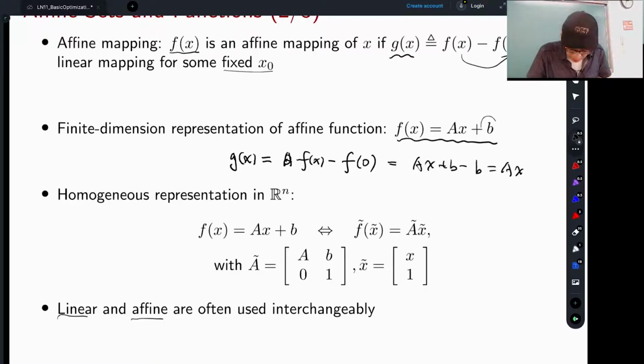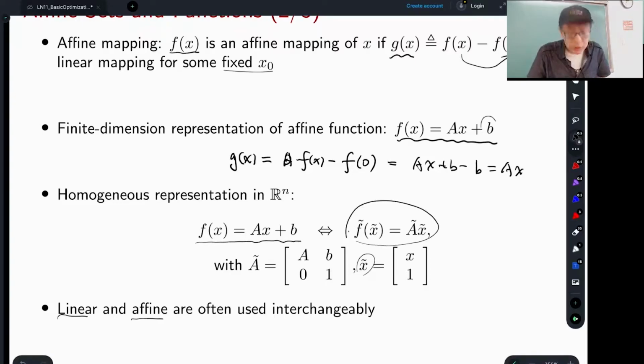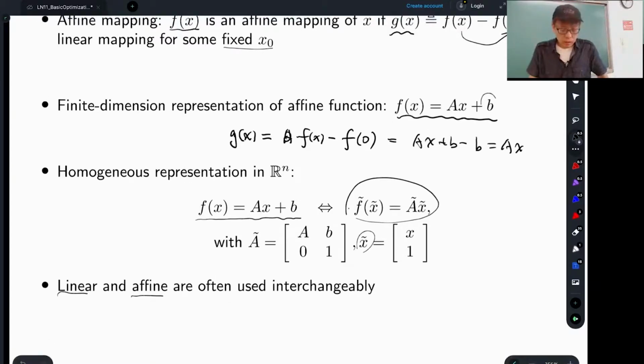If I introduce x tilde and I define A tilde as [A b; 0 1], then this function can be written as a linear form in homogeneous coordinates. To move from an affine mapping to a linear mapping, you need to introduce homogeneous coordinates.